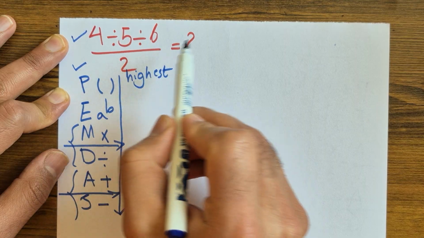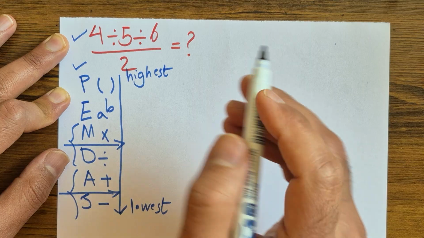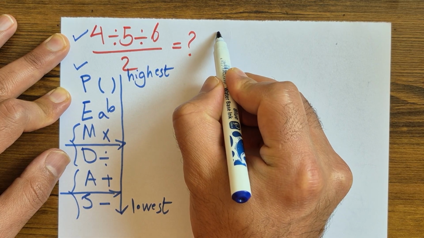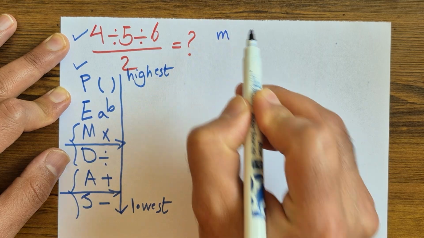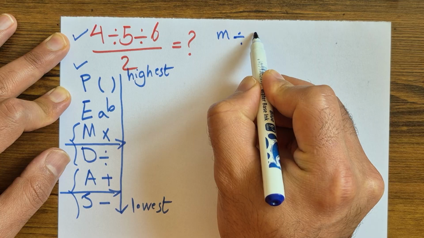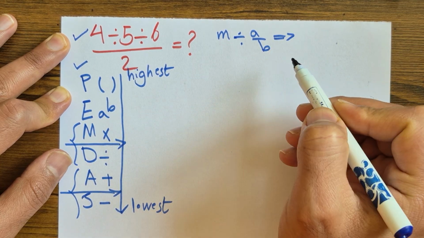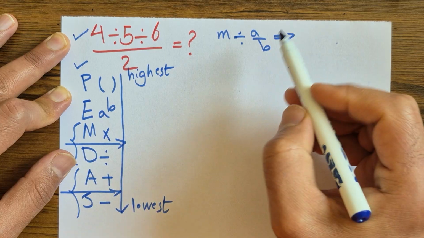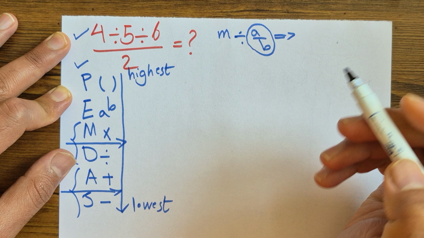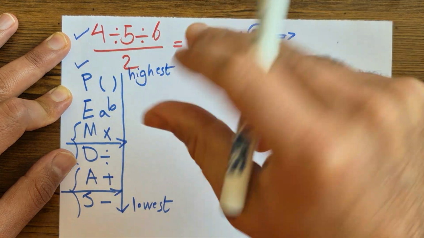On the numerator, we have 4 divided by 5 divided by 6. One fast tip and trick for division: whenever we have, let's say, a number m divided by a over b, you can turn it into multiplication if you turn the second fraction into the reciprocal. I mean, just flip the upper part with the lower part.